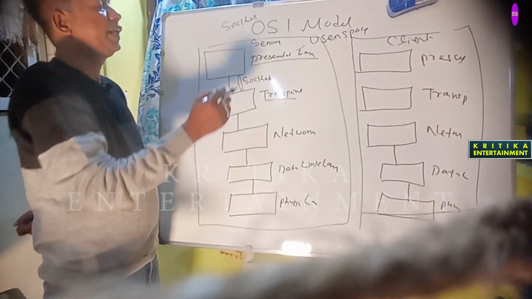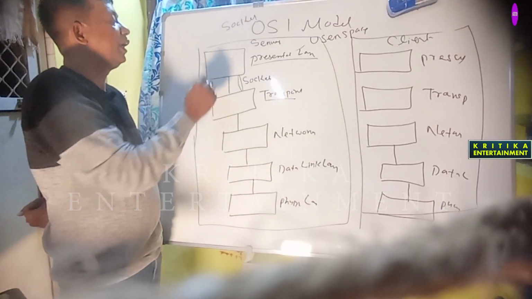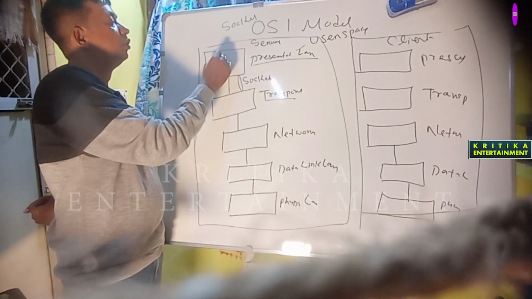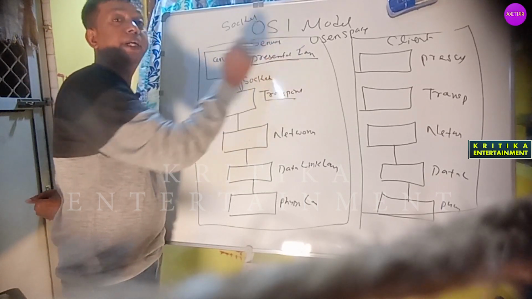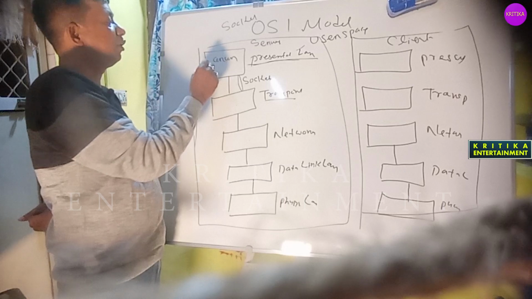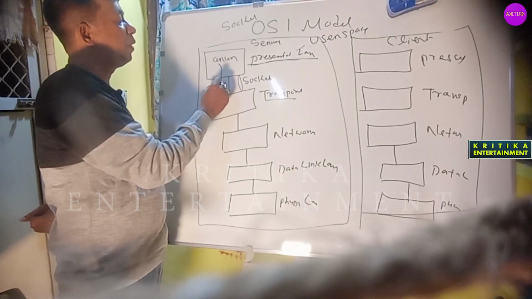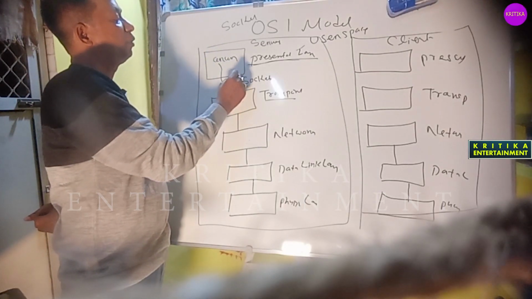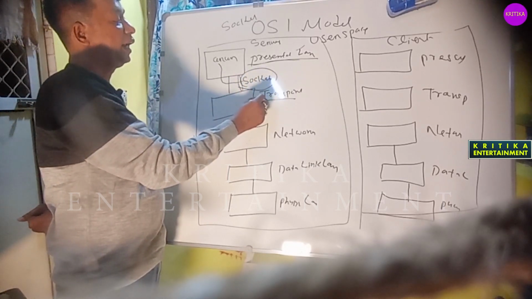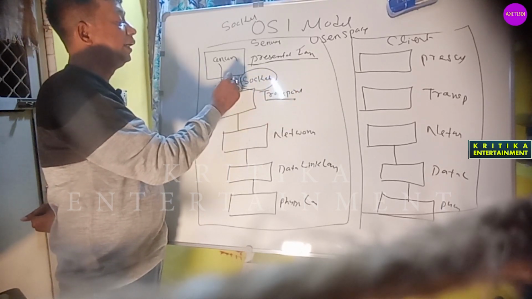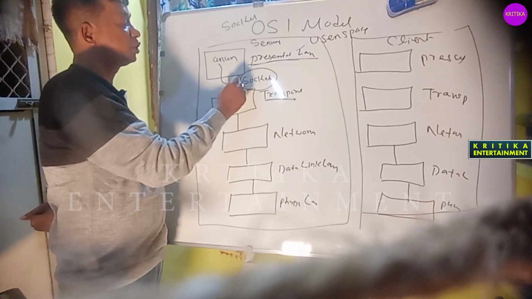Suppose you accept one name, Arun. That Arun is accepted in the presentation layer, then Arun is first written into the socket. Then the transport layer reads that Arun from the socket.